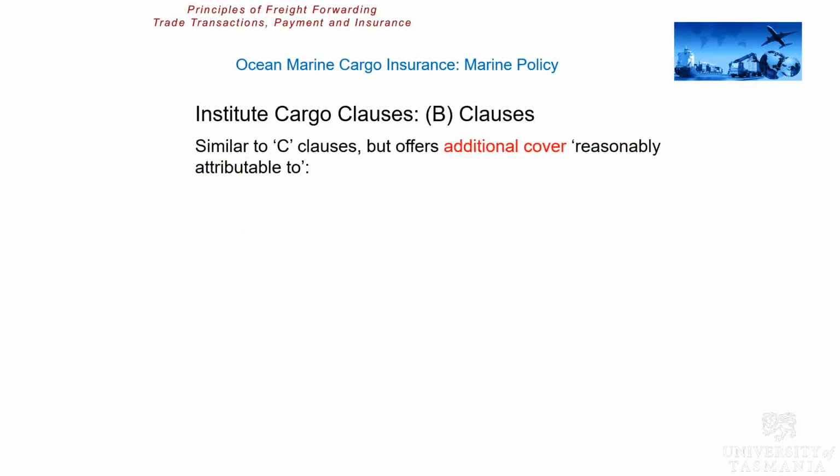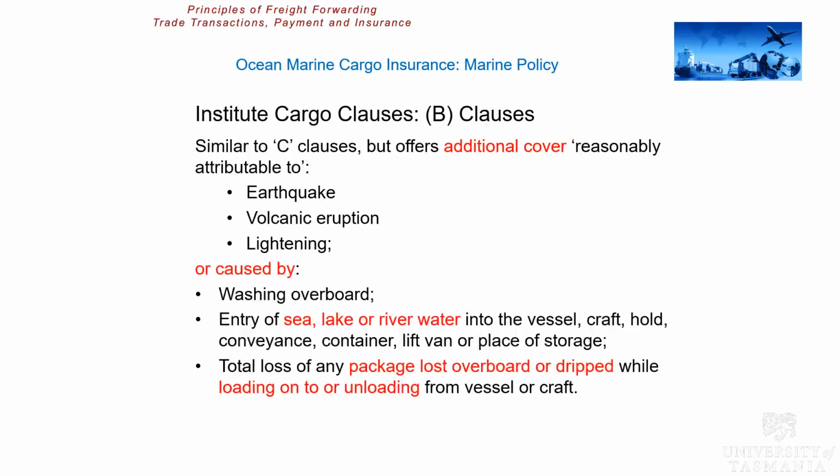Now, B clauses are similar to C clauses, but they provide additional cover, and it relates to loss reasonably attributed to an earthquake, a volcanic eruption, or lightning. So it's offering some additional cover from the base cover, or it's caused by the goods being washed overboard, perhaps the entry of a lake, sea, or river into the vessel, or the loss of a package overboard.